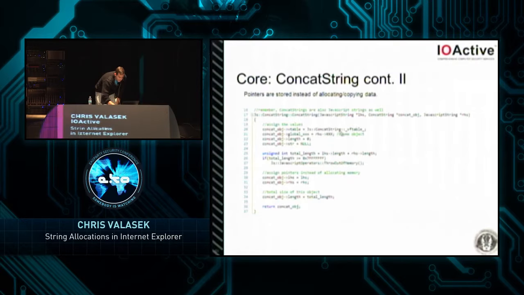This new concat string stores a vtable as the first DWORD, and then sets the length to 0, and then makes sure that the overall length for 32-bit isn't above 2 gig, because you're not going to be able to allocate memory like that. And then it assigns the objects accordingly and updates the total length. As you see, when you're concatenating two strings now, allocation doesn't occur. It really is just updating pointers.